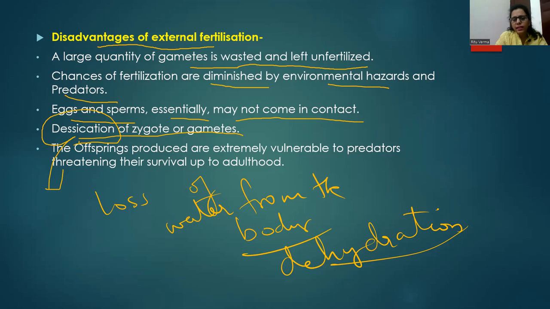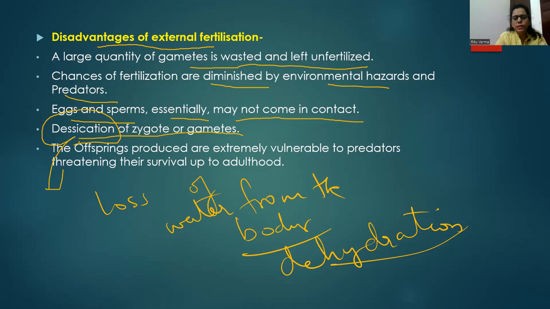These tadpoles, or the new offspring produced in fish or any other amphibian, are highly vulnerable to prey, because in pond water there are millions of organisms of different types. There are large fishes, snakes, salamanders. All these organisms are predators for these small fishes or small tadpoles.